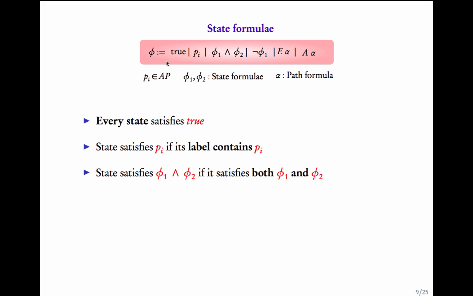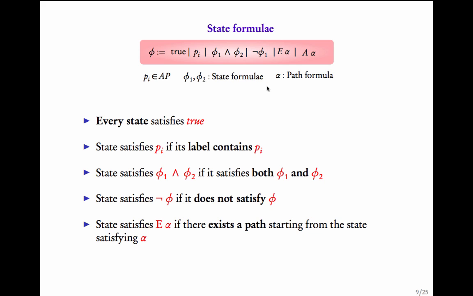A state satisfies phi1 and phi2 if it satisfies both the state formulae phi1 and phi2. Similarly, a state satisfies not of phi1 if it does not satisfy the state formula phi1. What about this?